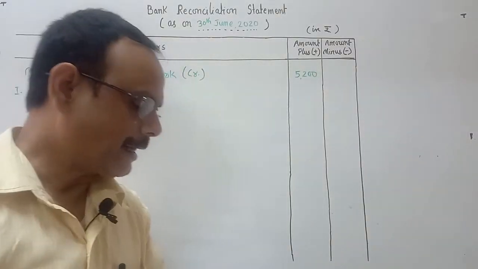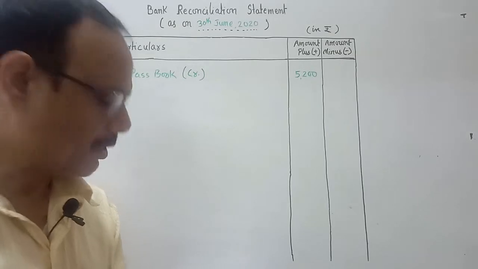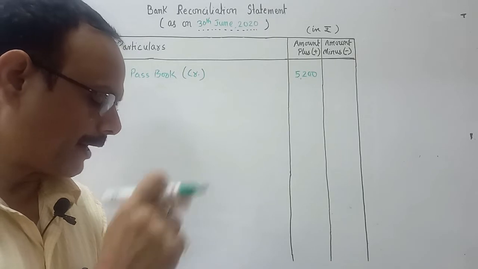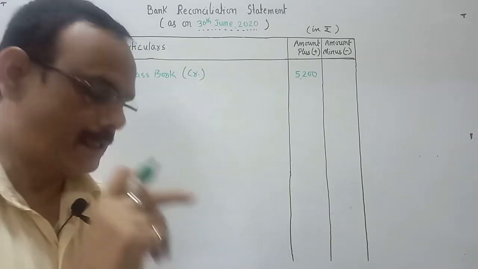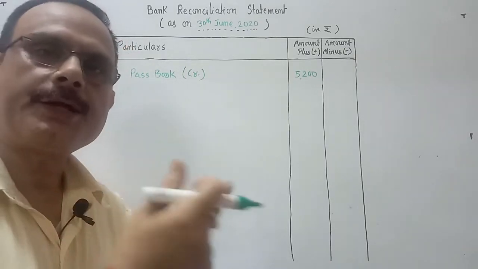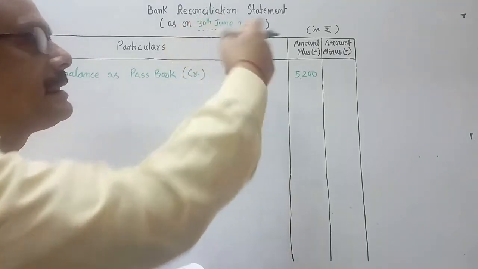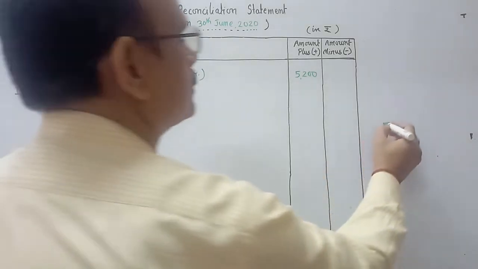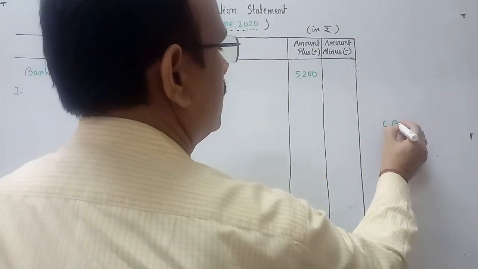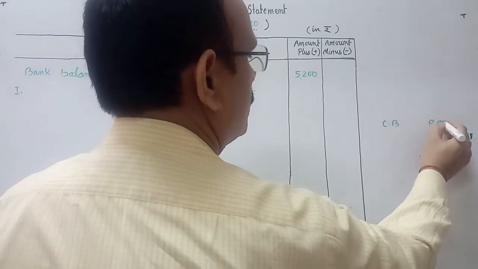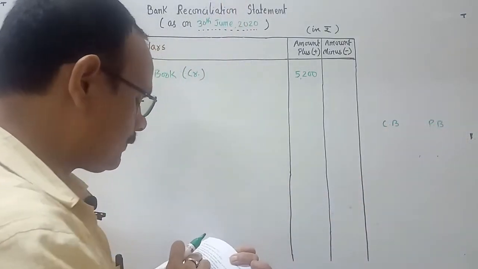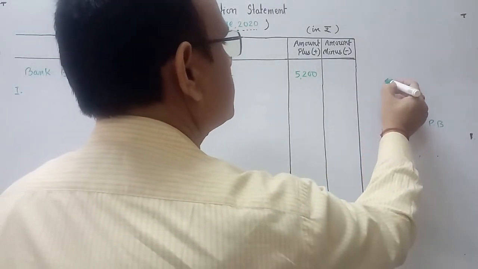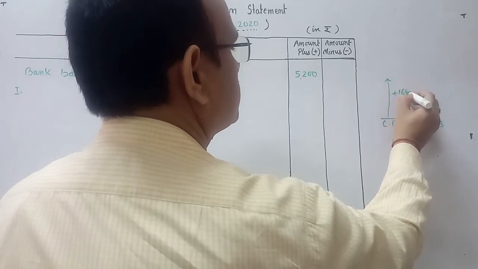Okay. Next is the first one. Out of checks amounting to rupees 16,000 deposited, checks amounting to rupees 9,000 were credited in June 2020, and checks amounting to rupees 3,000 were credited in July 2020, means after this date, and the rest have not been collected so far. So out of checks totaling 16,000 deposited into bank, the cash book has increased by 16,000.